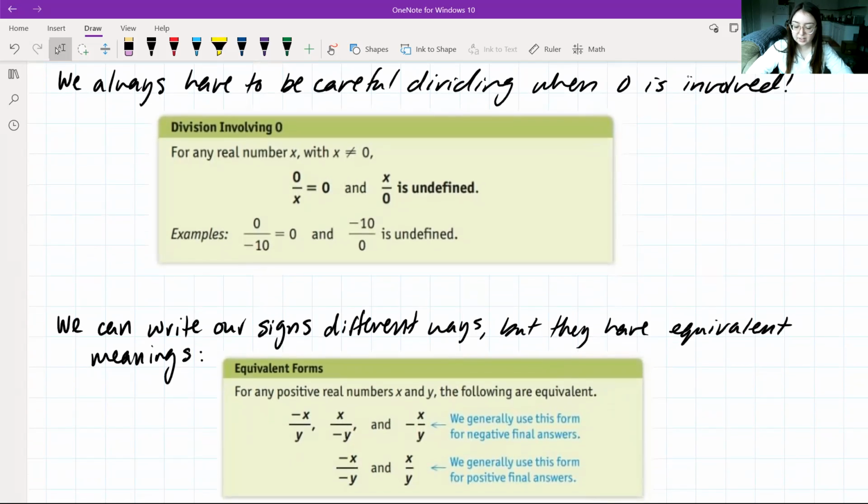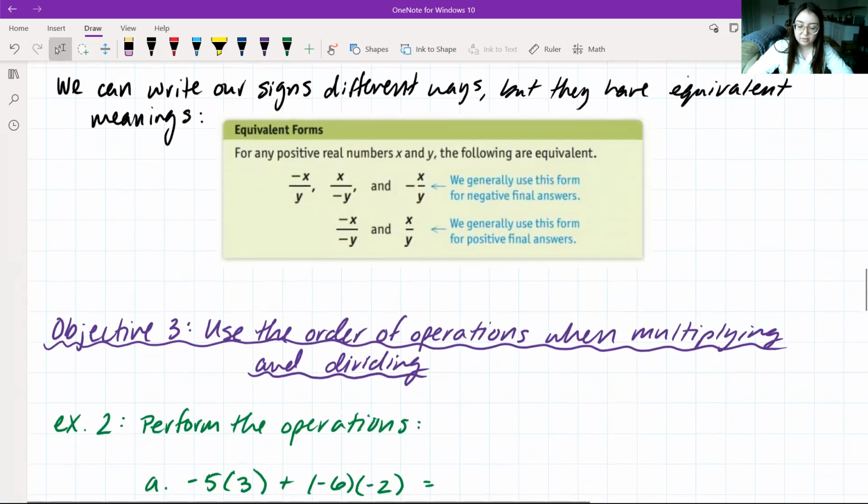We can write our signs in different ways, but they do have equivalent meanings. For any positive real numbers x and y, the following are equivalent. Negative x divided by y is the same thing as x divided by negative y, which is also the same thing as the negative of x divided by y. We also get that negative x divided by negative y is the same as positive x divided by positive y.